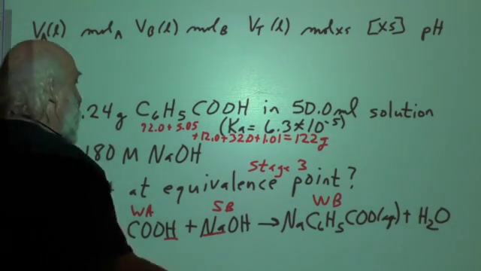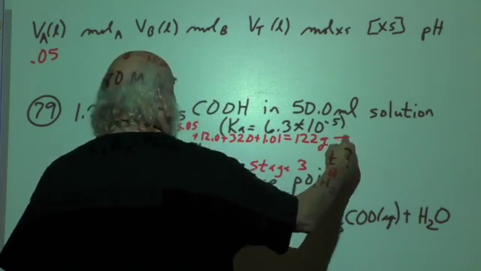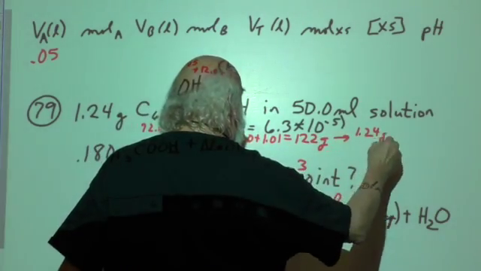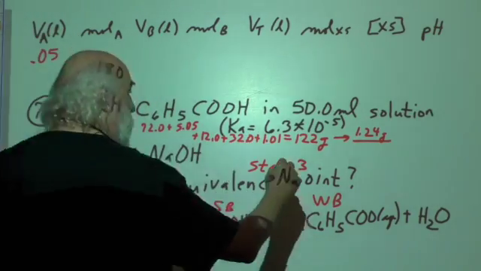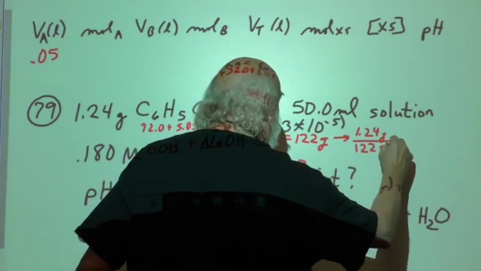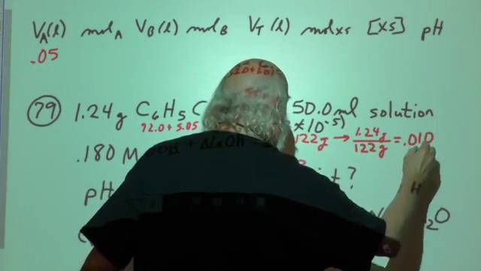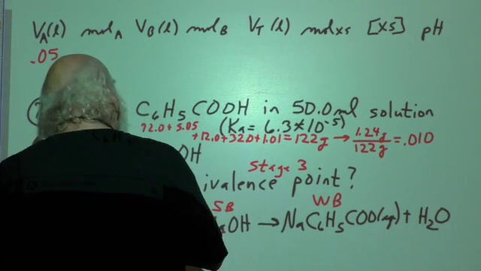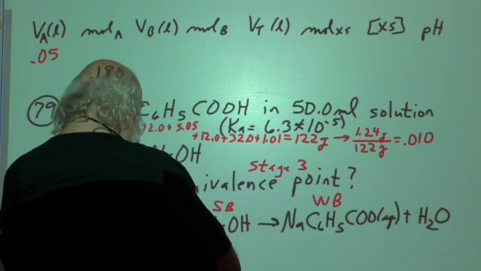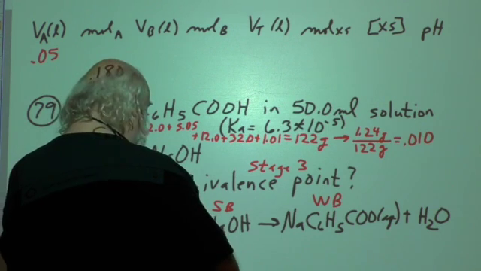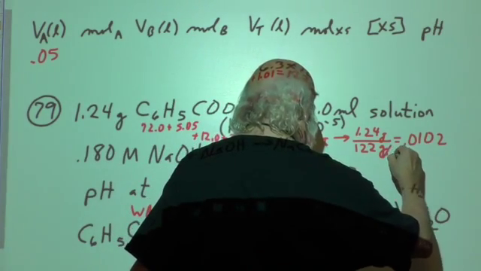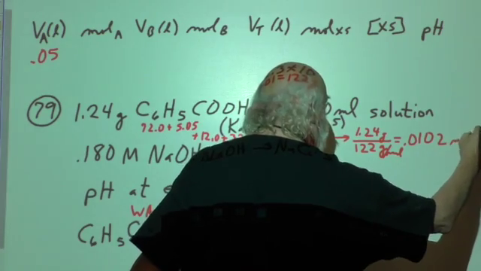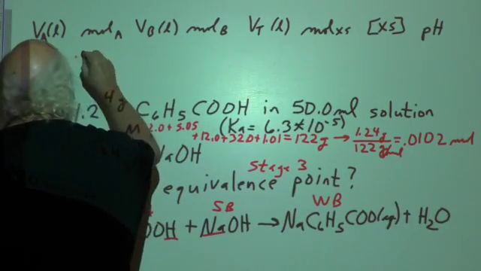The moles then, we're going to take 1.24 grams and divide by 122 grams. 1.24 divided by 122 is 0.0102. This is grams per mole, so this is going to give us moles. So 0.0102 moles.